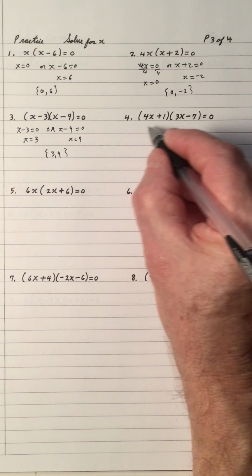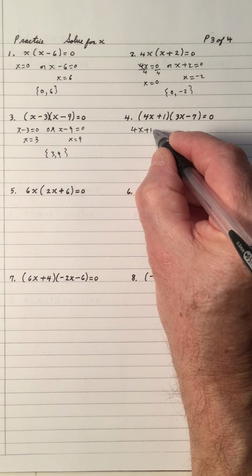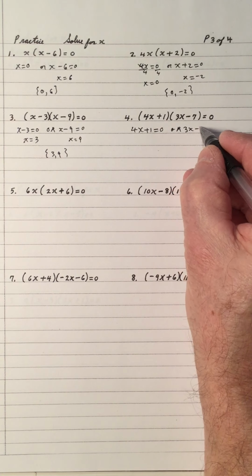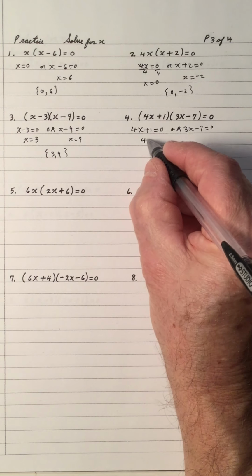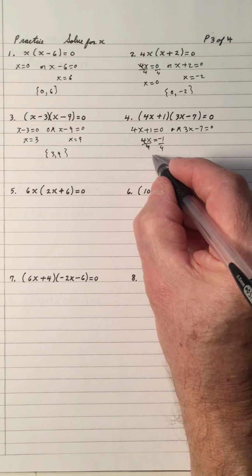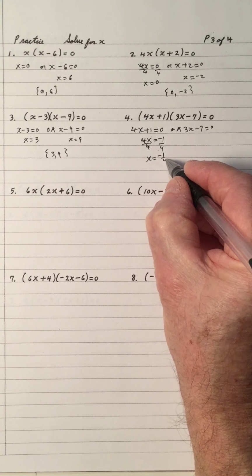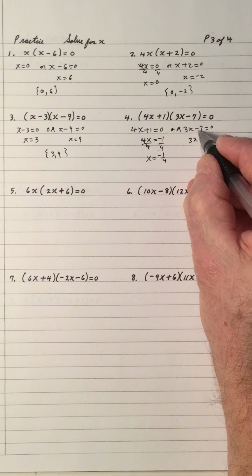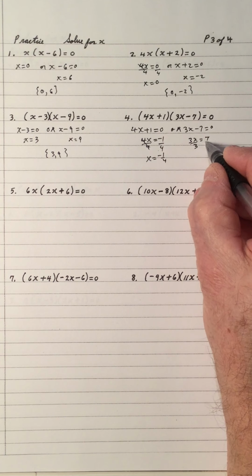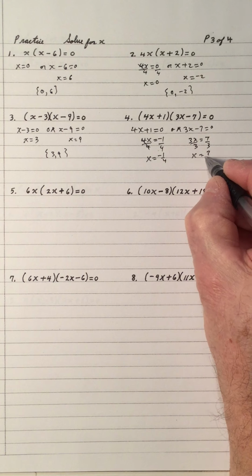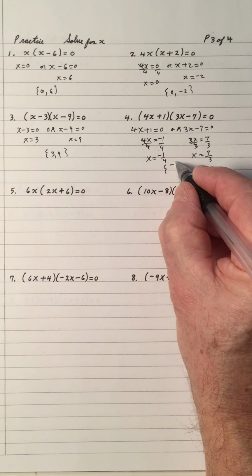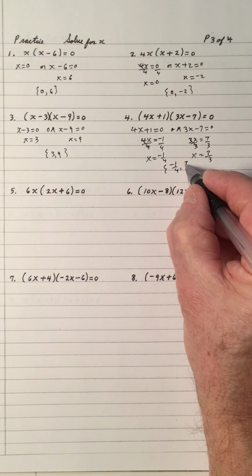And again, we got a product. 4x plus 1 equals 0, or 3x minus 7 equals 0. 4x equals negative 1. Divide by 4, cancels out. X equals negative 1/4. 3x equals 7. Divide by 3, x equals 7 over 3. They cancel. And again, there's 2 answers, negative 1/4 and 7 over 3.